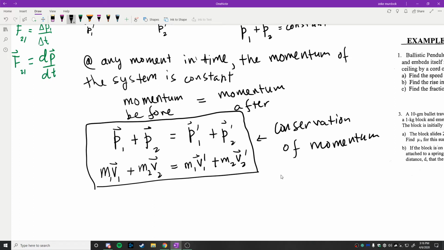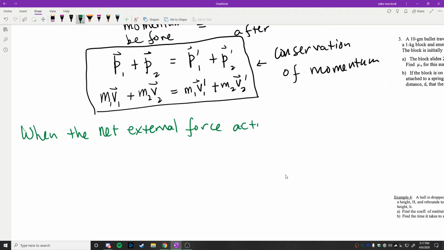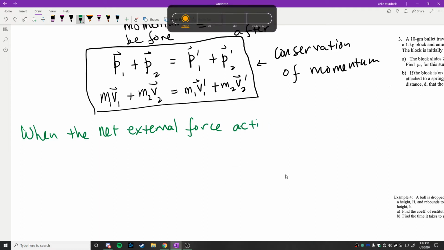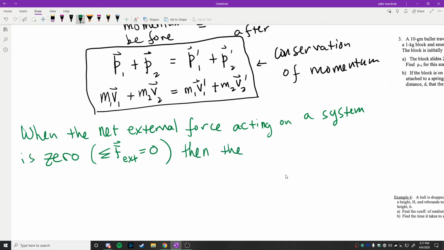And there's a general statement we can make about all of this, which is this. Conservation of momentum states that when the net external force acting on a system is equal to 0, then the momentum of the system is constant, or conserved.